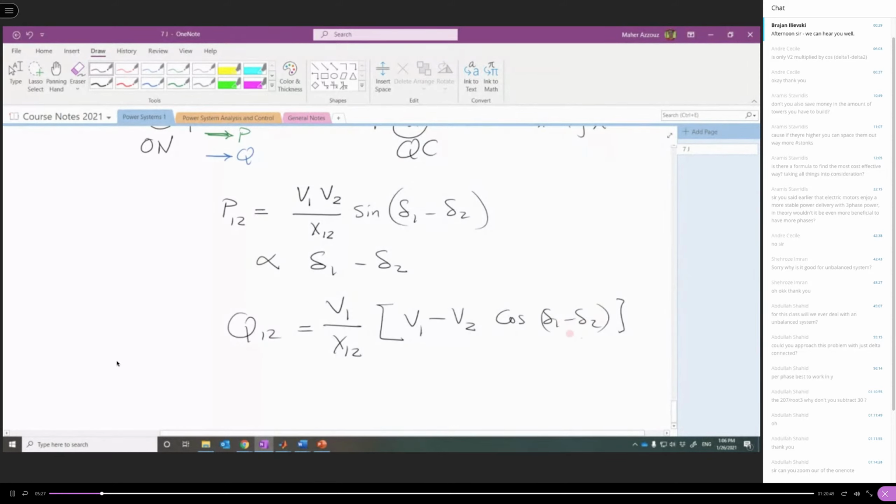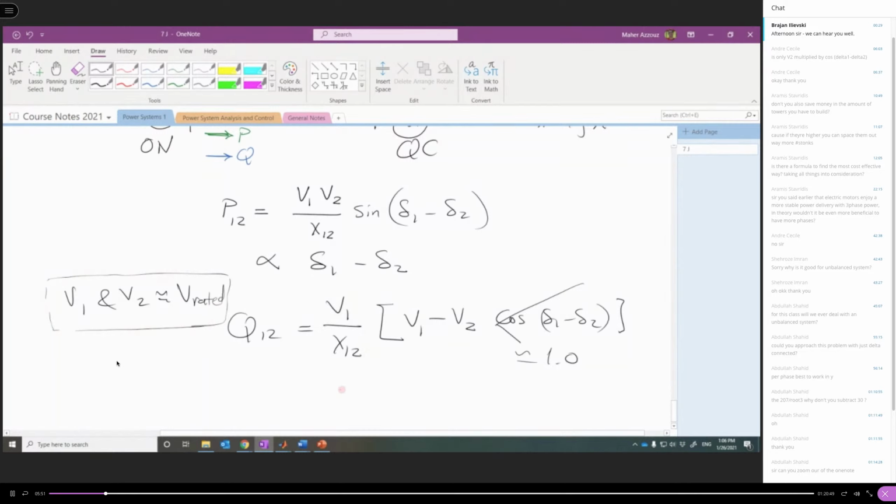It's a small angle, so the cosine of a small angle is near 1. So this is approximately equal to 1. And V1 and V2 don't change that much; they are around the rated value. This is due to voltage regulators.